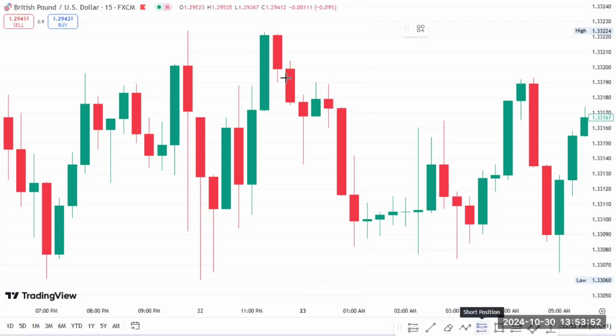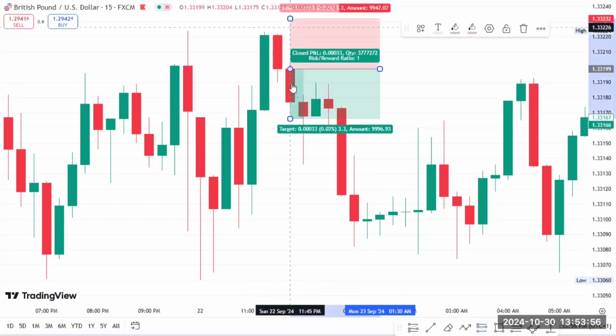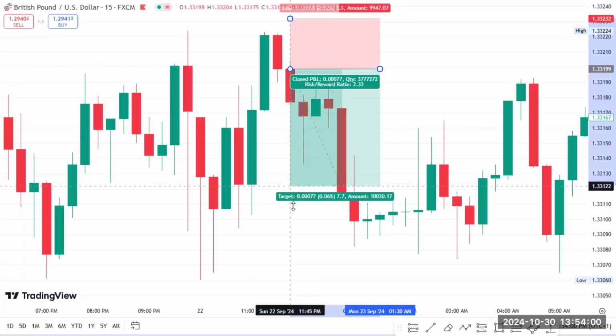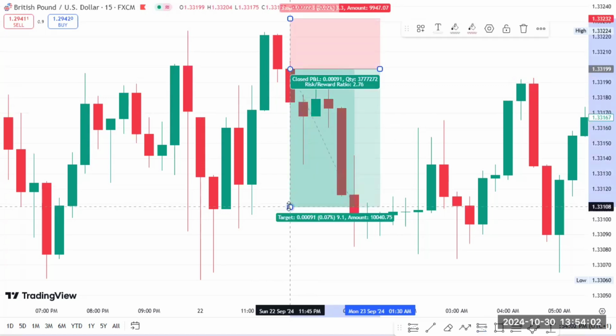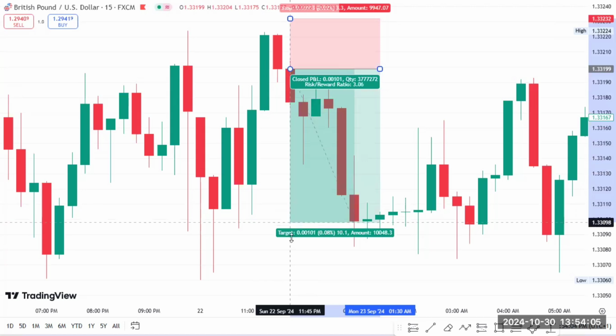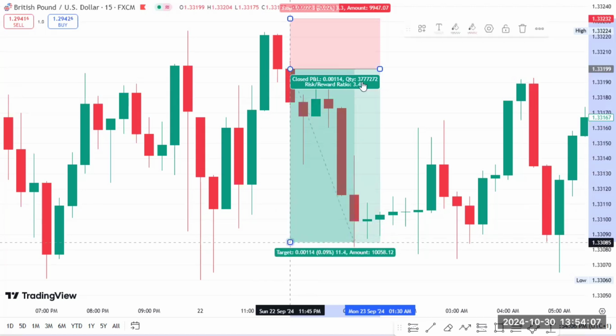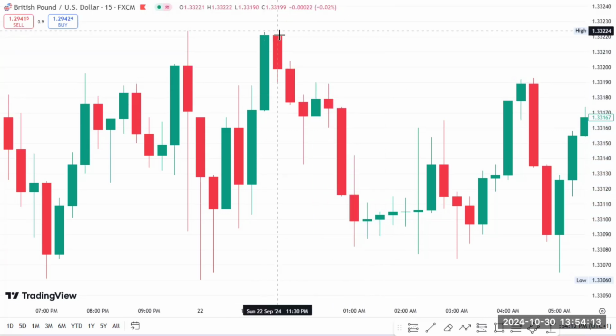If you had entered at the close of this candle and your stop loss just a little above the top of the tweezer tops, you could have had a 1-2 ratio, even 3.45. Okay, so this is a tweezer top.